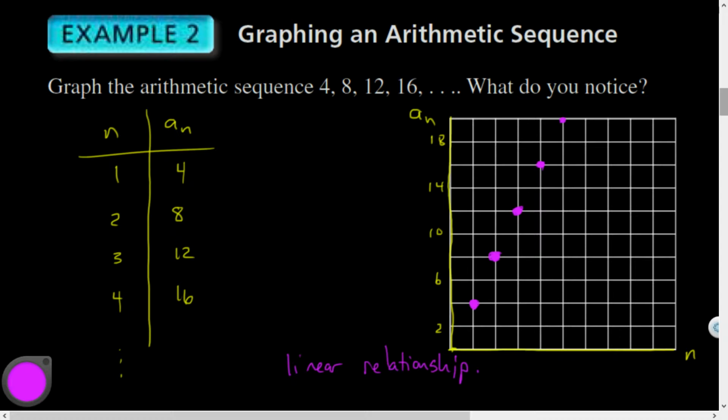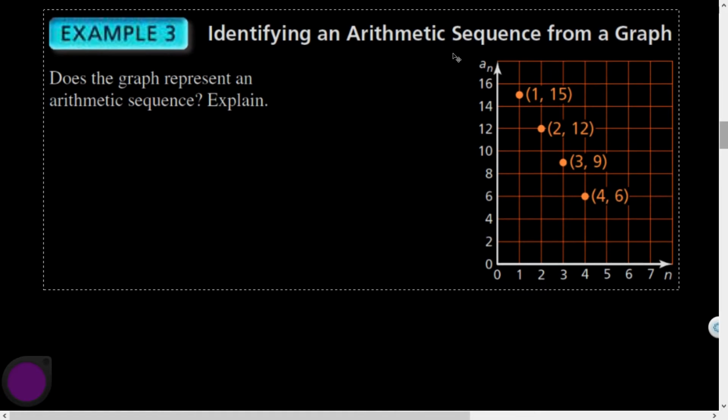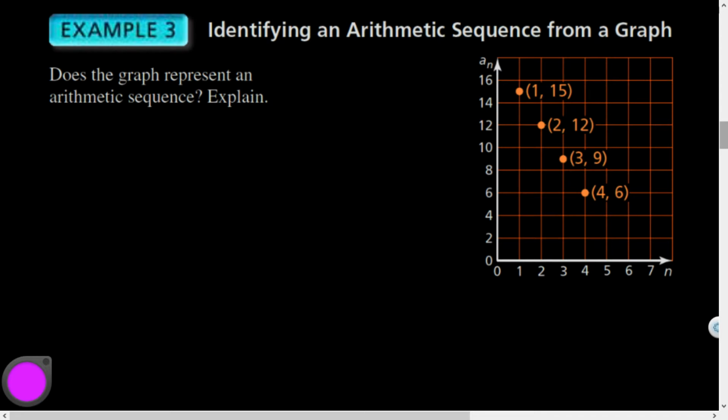So let's see, what about this kind of problem, example 3? Can we identify an arithmetic sequence, whether or not this is arithmetic, by looking at the graph? So here's a graph that's given to us, and the question is, is this arithmetic? All right, well, it's discrete because the points are not connected.